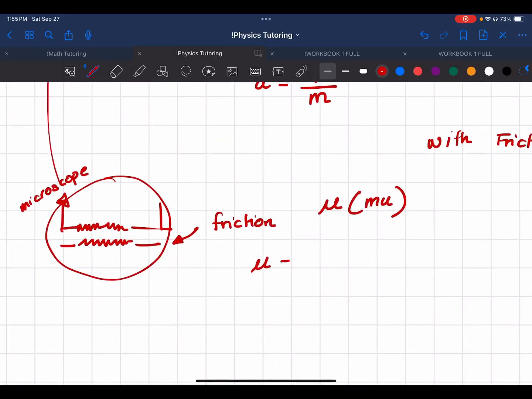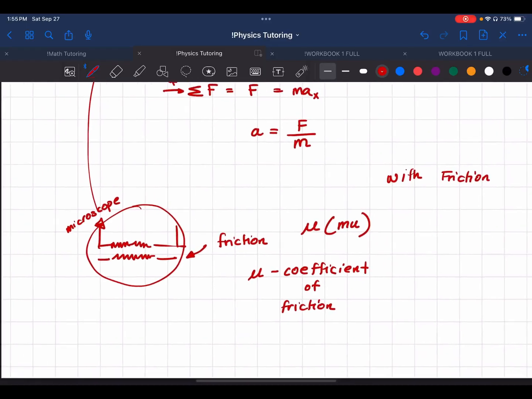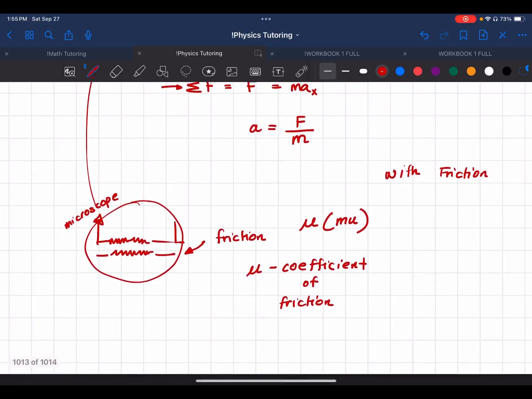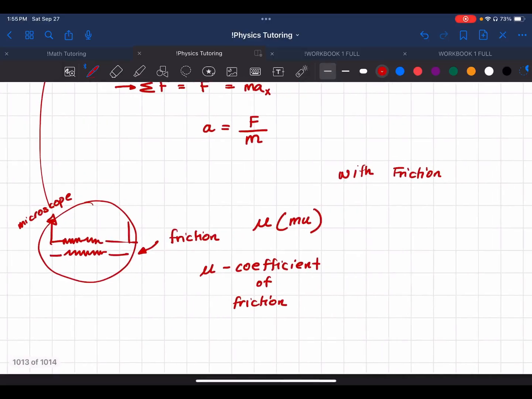So mu is my coefficient of friction. Like you guys have learned with coefficients, it's gonna be from 0 to 1, right? The bigger the number, the bigger the coefficient.